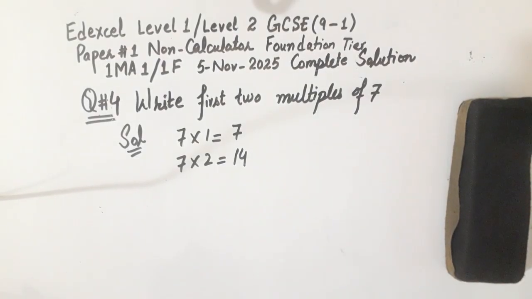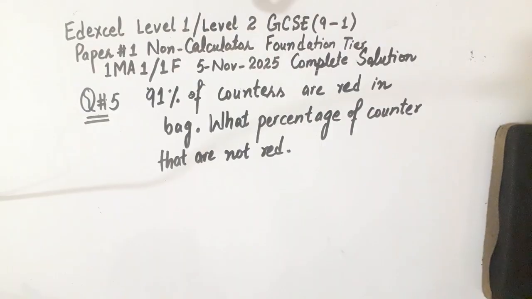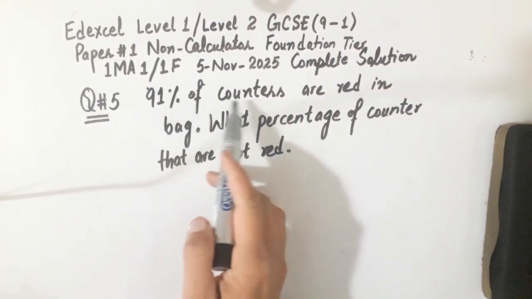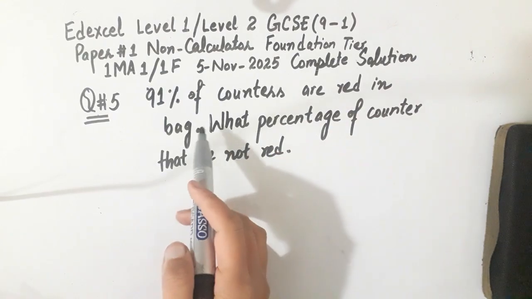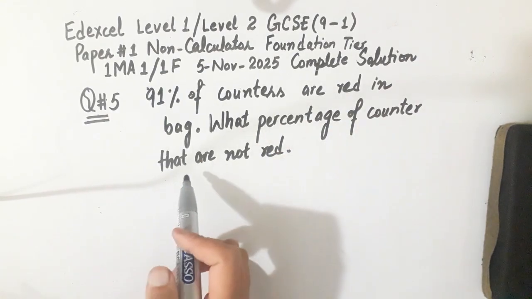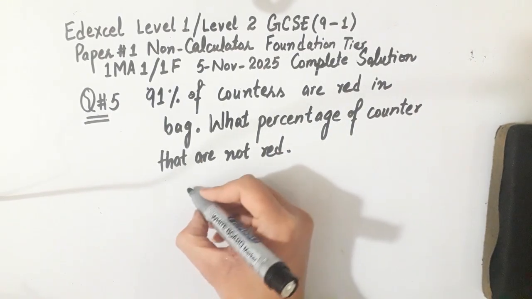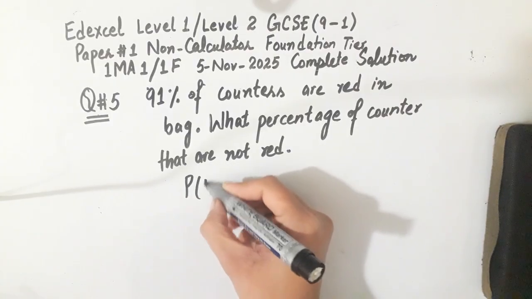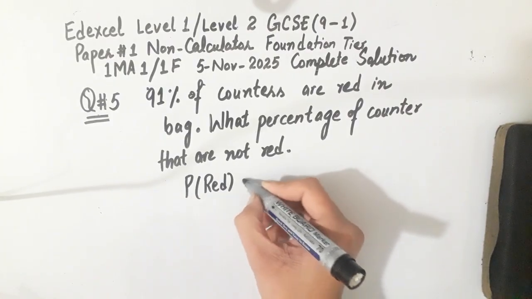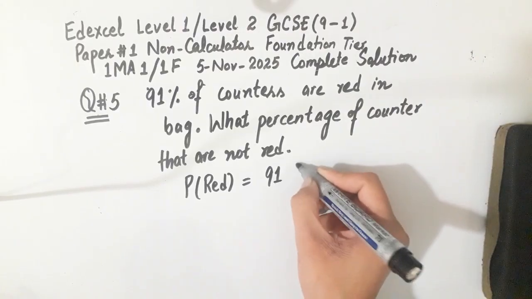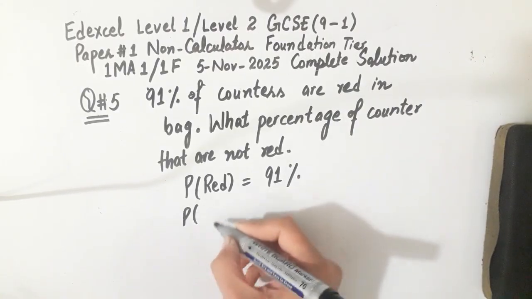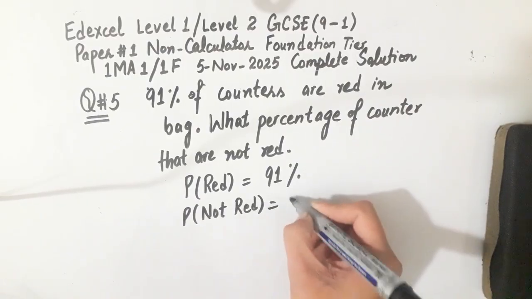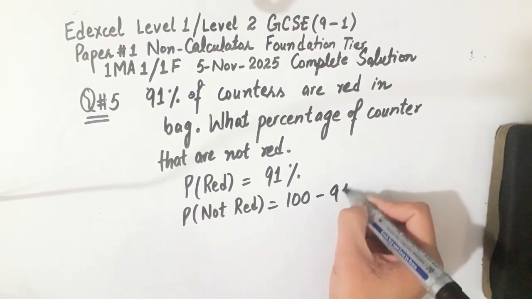Now we will solve question number 5, that is 91% of counters are red in a bag. What percentage of counters are not red? That means we will write the percentage of red, that is 91%, and the percentage of not red will be equals 100 minus 91.